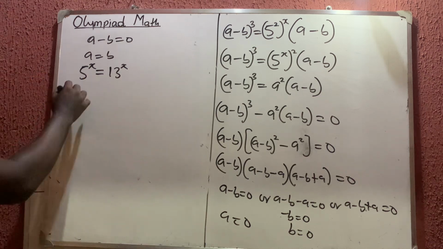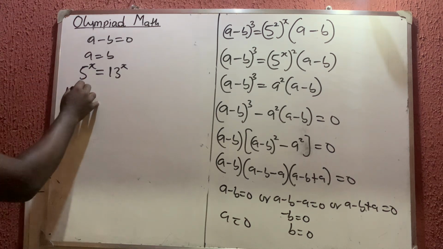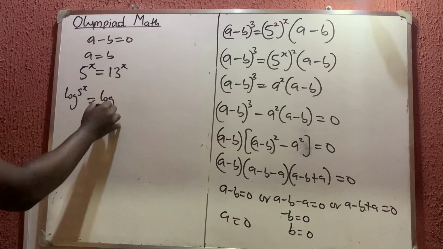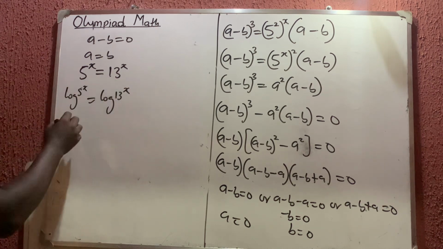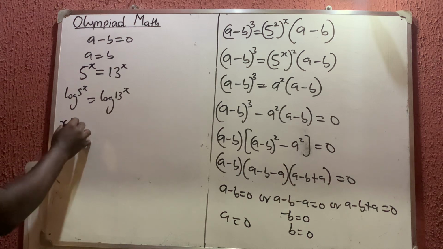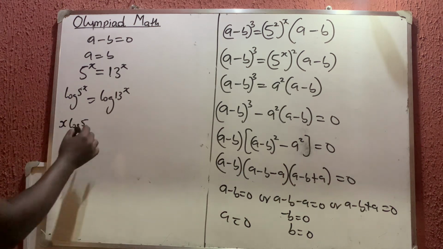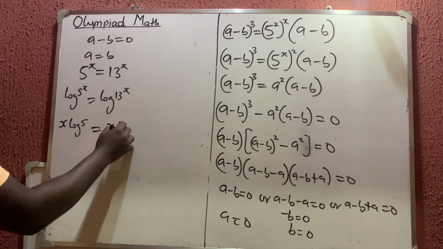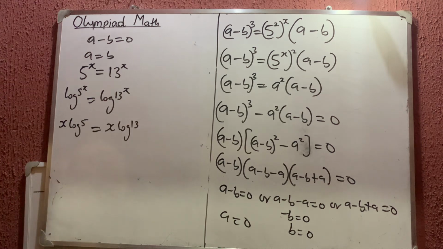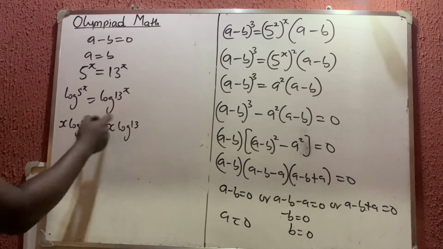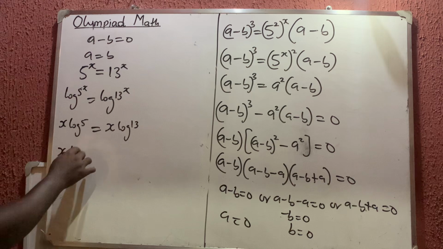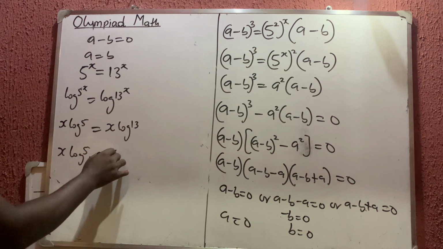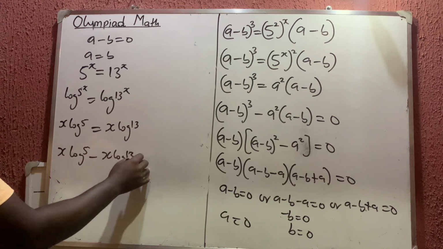So let's take the log of both sides. We have log 5 raised to power x is equal to log 13 raised to power x. So this goes to the back, I have that x log 5 is equal to x log 13. Right? So if this one comes here, we're going to have x log 5 minus x log 13 is equal to 0.